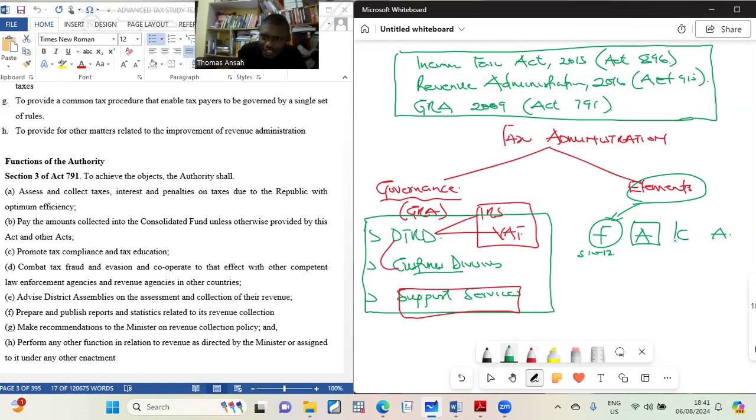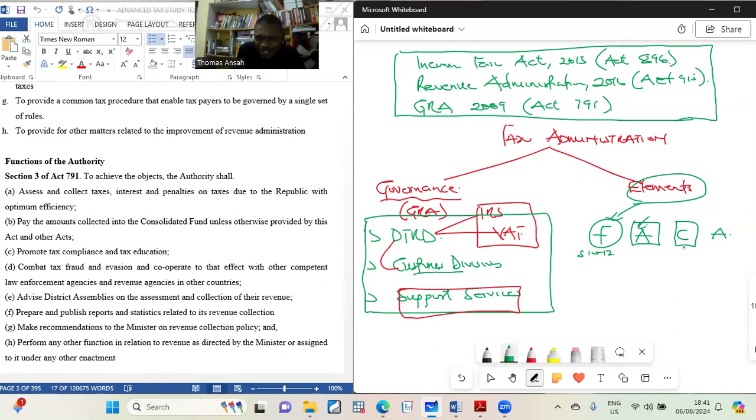Then C. If you have assessed me, what do you think C will be after you finish assessing the person? Just think about it. You calculate what the person is supposed to pay. Calculating what the person is supposed to pay is what we call assessment.